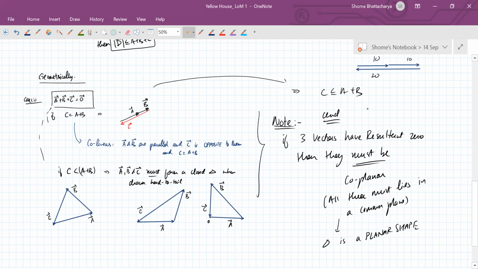But suppose you add 10, 10 and 25, you can see it cannot be zero. But if you add suppose 10, 15 and 25, 20, then it could be like this. This could be the case, that this is 10, this is 15. So here C is less than 25. So C could be 20, for example. C could be 15, anything like this.